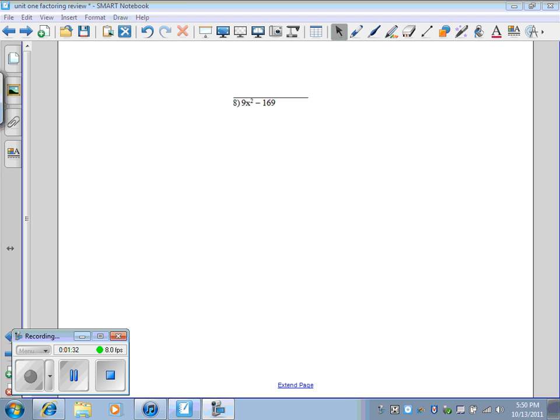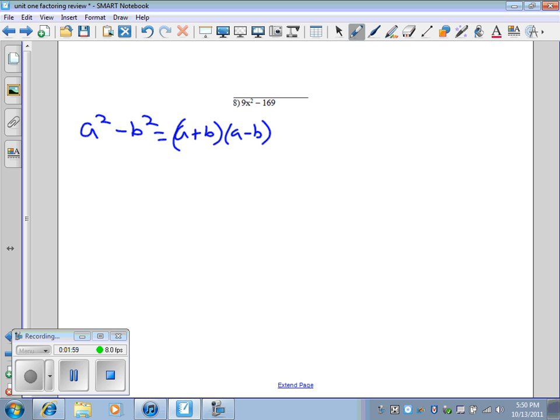Okay, for number 8, we have a binomial, we have subtraction, and we have a second power. So I'm going to see if I can use the difference of squares. The difference of squares is a squared minus b squared, and this will be equal to a plus b and a minus b. So, my handwriting, sorry.